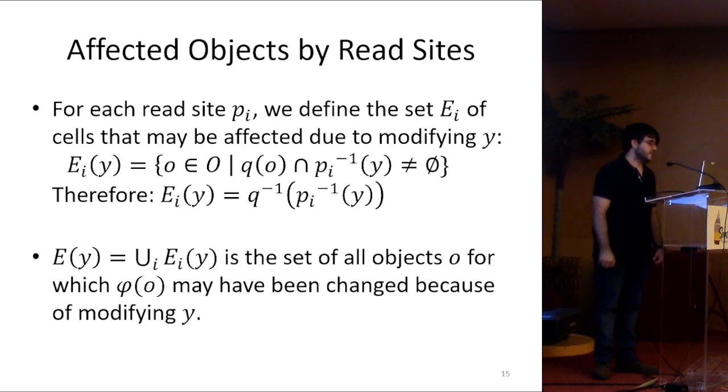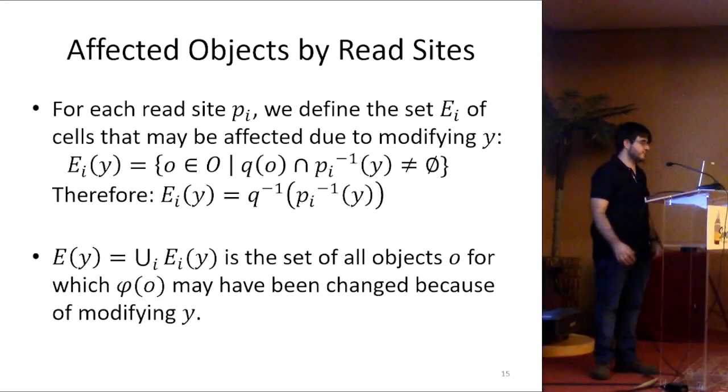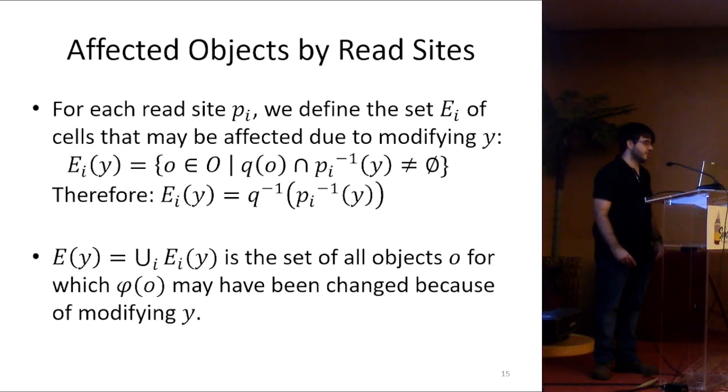Therefore, E_i of y is Q inverse of pi inverse of y, and then we unify over all of them and get E of y, which is the set of all objects that may need to be recomputed, may be changed, because of modifying y with respect to our formula phi.